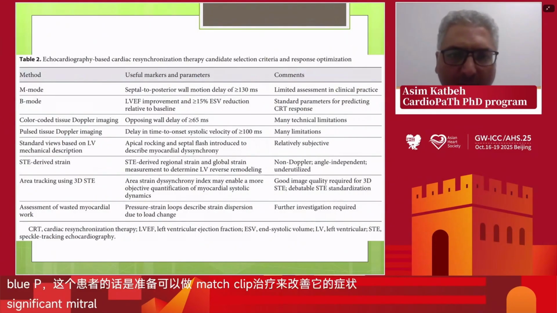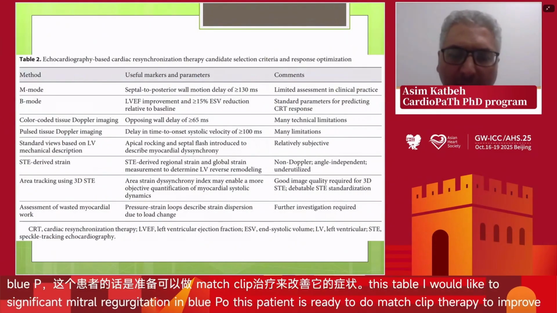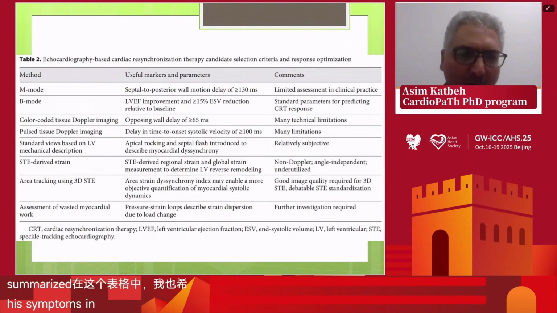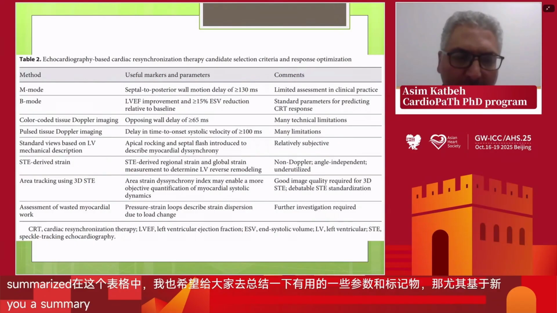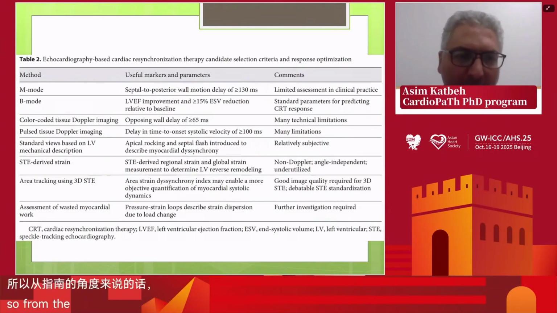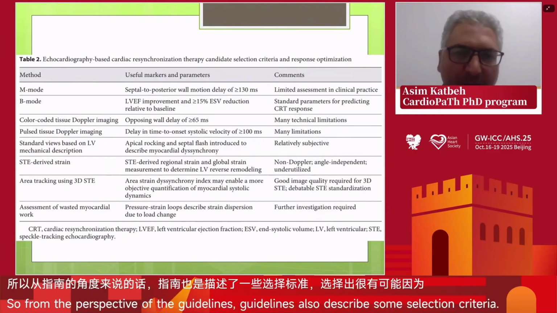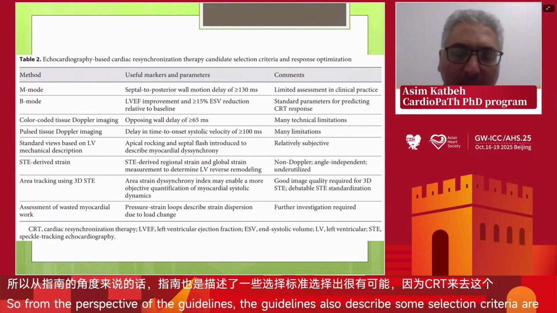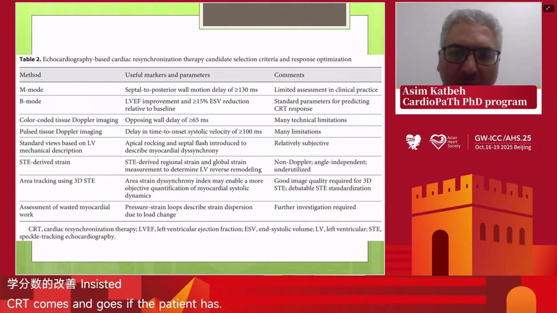In this table, I would like to summarize the useful markers and parameters based on echocardiography. Based on guidelines, the criteria to select patients who benefit from CRT is that the patient shows EF improvement and more than 15% reduction in systolic volume relative to baseline.